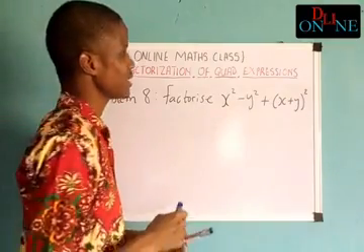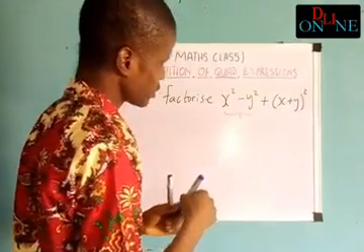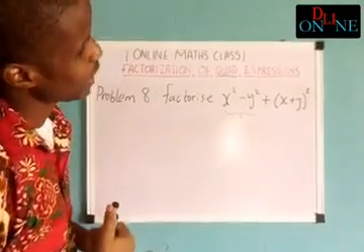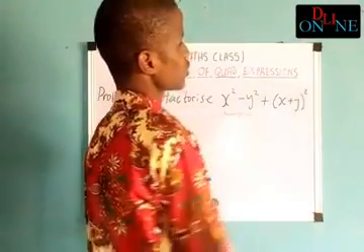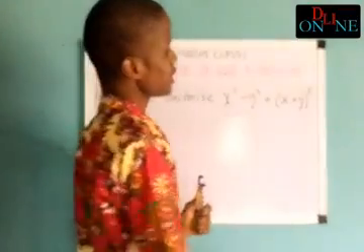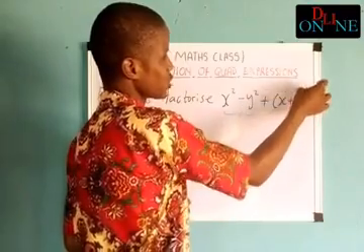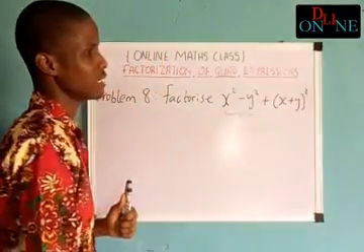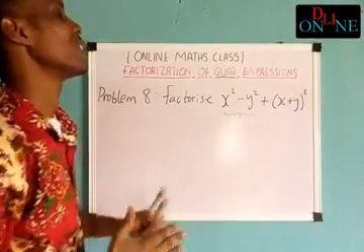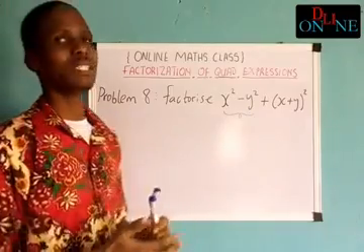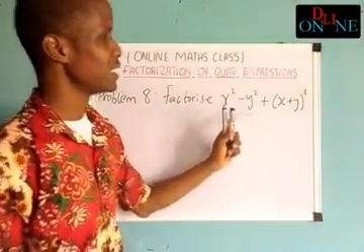Yes, we can say this is a difference of two squared expression, and we have x plus y all squared. We can now say this is a sum, then the sum is squared. So we can say this is the square of a sum, right? Good. Now we have that. So how do we simplify the square of a sum, and how do we simplify the difference of two squares?